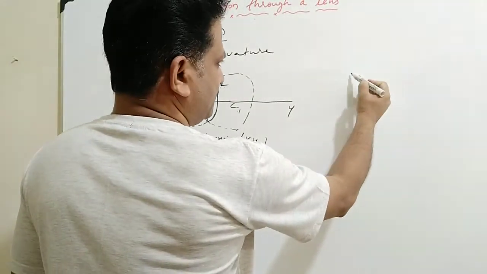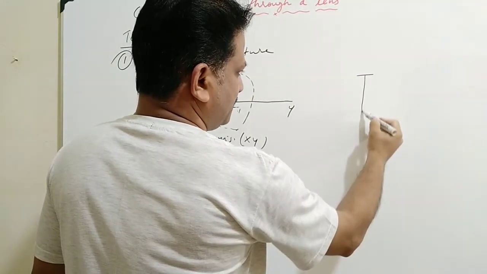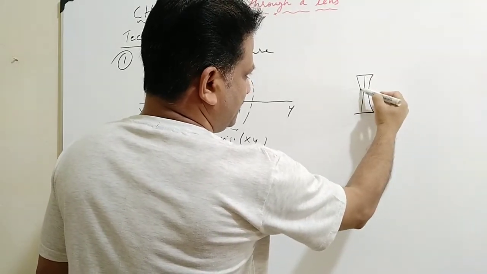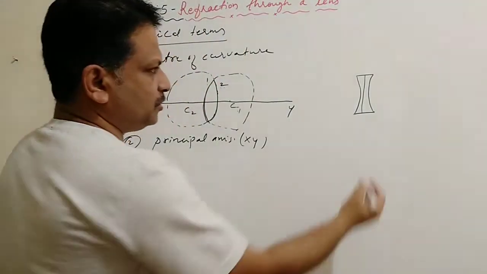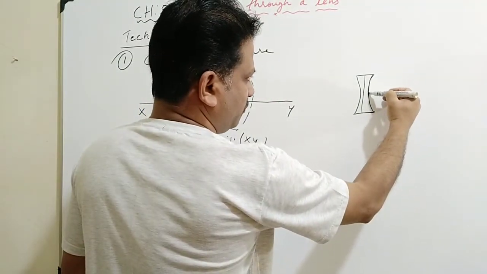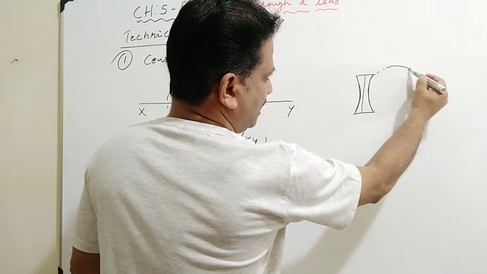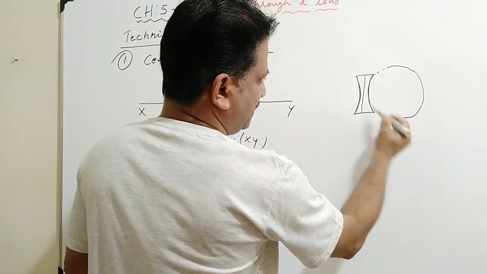See, a concave lens, we know, is thinner at the middle and thicker at the edges. So the two curved surfaces, curved surface 1 and curved surface 2, are parts of an imaginary sphere. Clear?